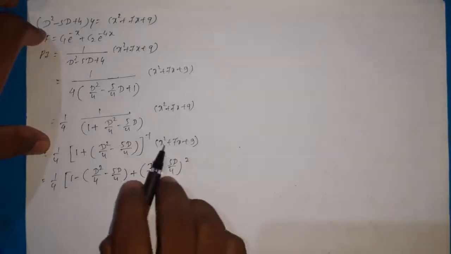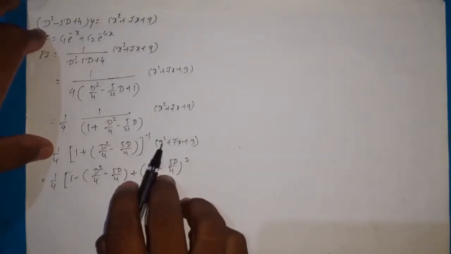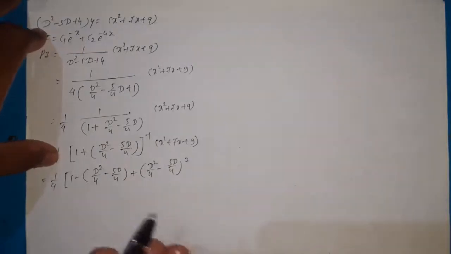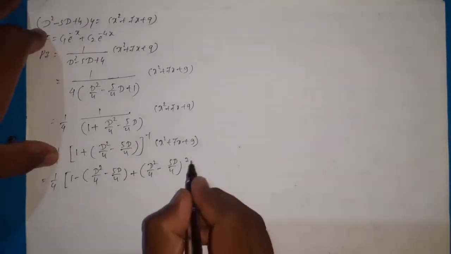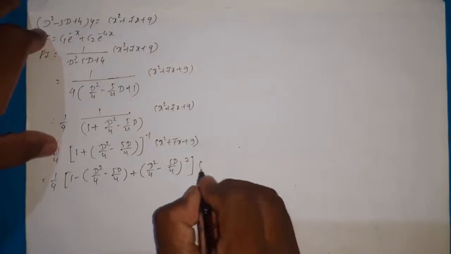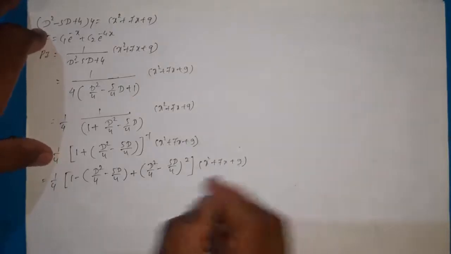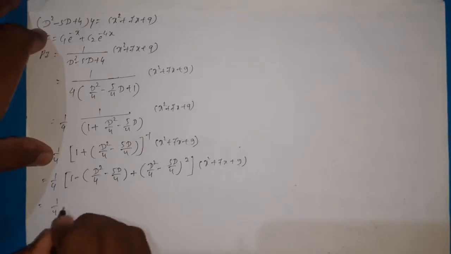So here we know that the maximum power of x is 2. So then we can consider maximum power of D equal to 2. So therefore here we can stop, into x square plus 7x plus 9, then it is 1 by 4.